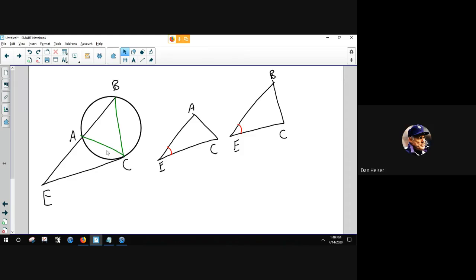This angle C is. This angle C is inscribed. This part of it is a tangent. So this angle C creates this arc. This angle B creates the same arc.